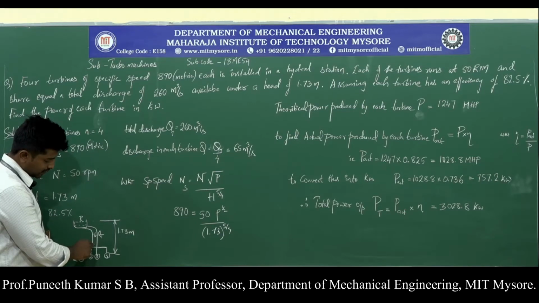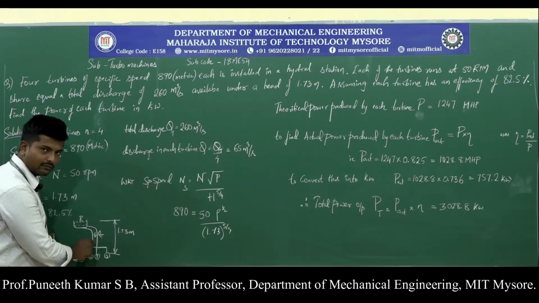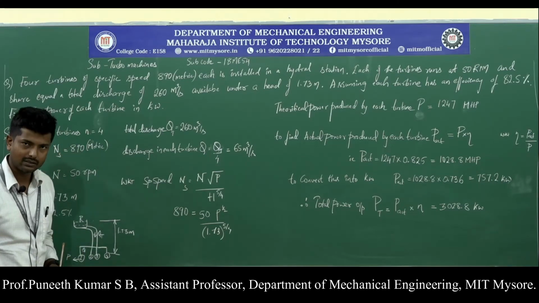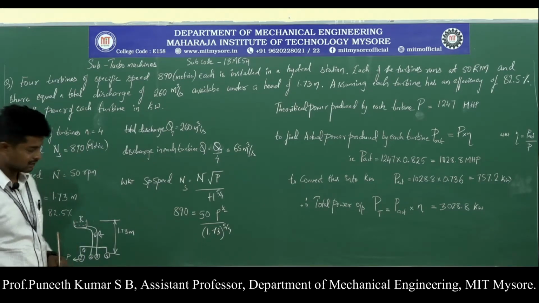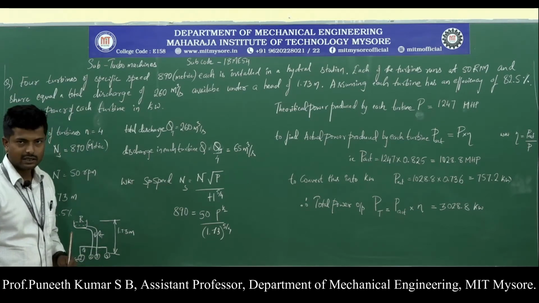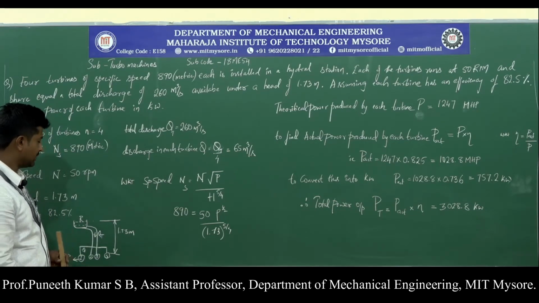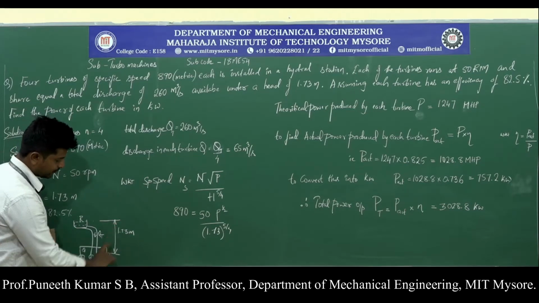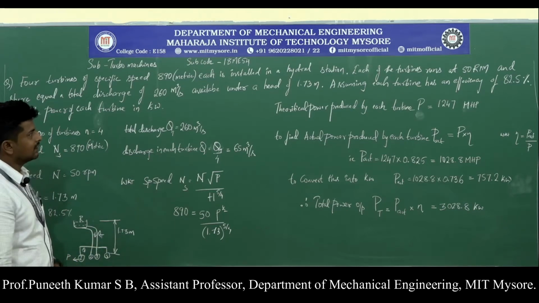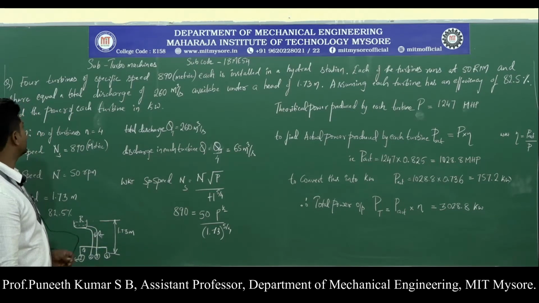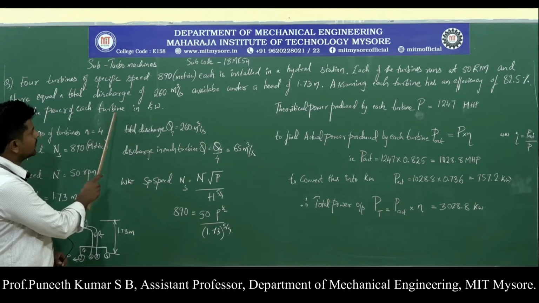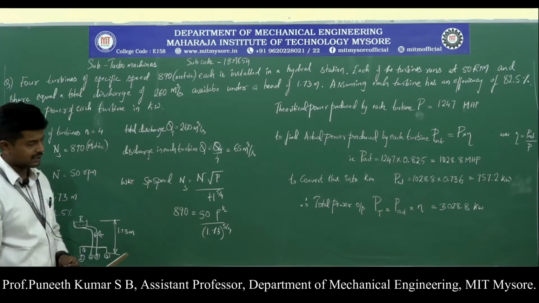After this, the flow rate is going to equally distribute for all of the turbines. We need to calculate how much it is, and each of the turbine is running at the same speed of 50 RPM, and the head available for each turbine is 1.73 meters. Now the thing to be found in this problem is the power of each turbine in kilowatts.